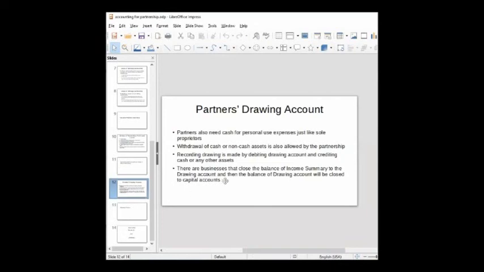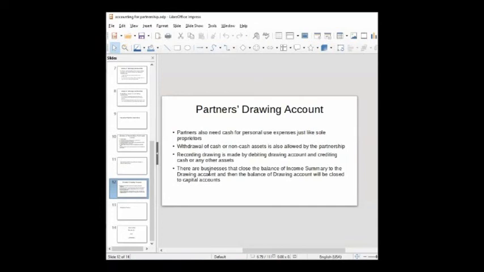So here, class, this is about the closing entries. Remember in your Accounting 101 that in closing entries, we have to close all the expense accounts and all the revenue accounts. We also close the drawing accounts.